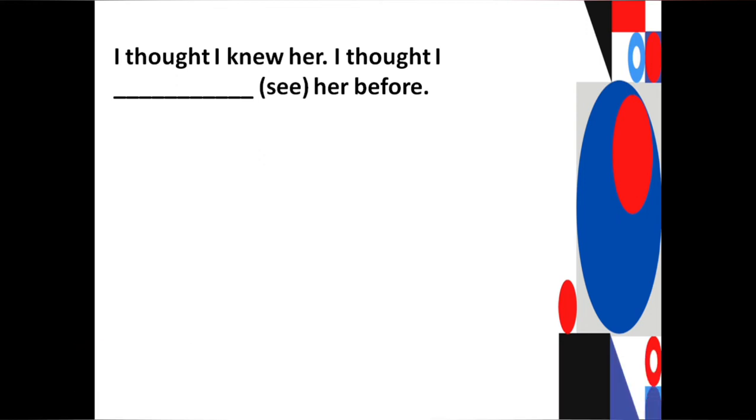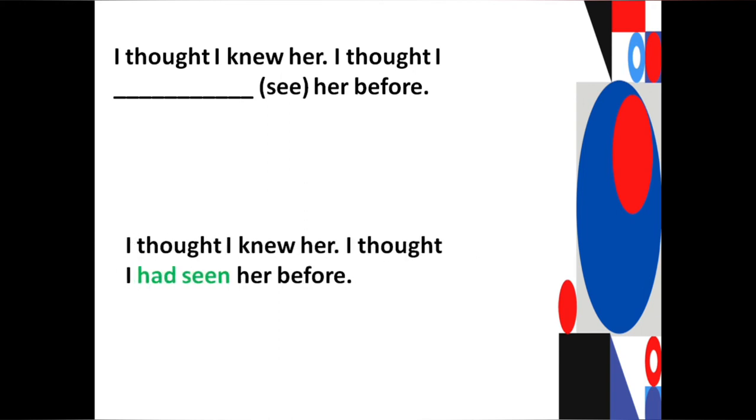You can type the answer, no problem. So, let's see. I thought I knew her. I thought I had seen her before. So, the participle of my verb see is seen. So, I thought I had seen her before.